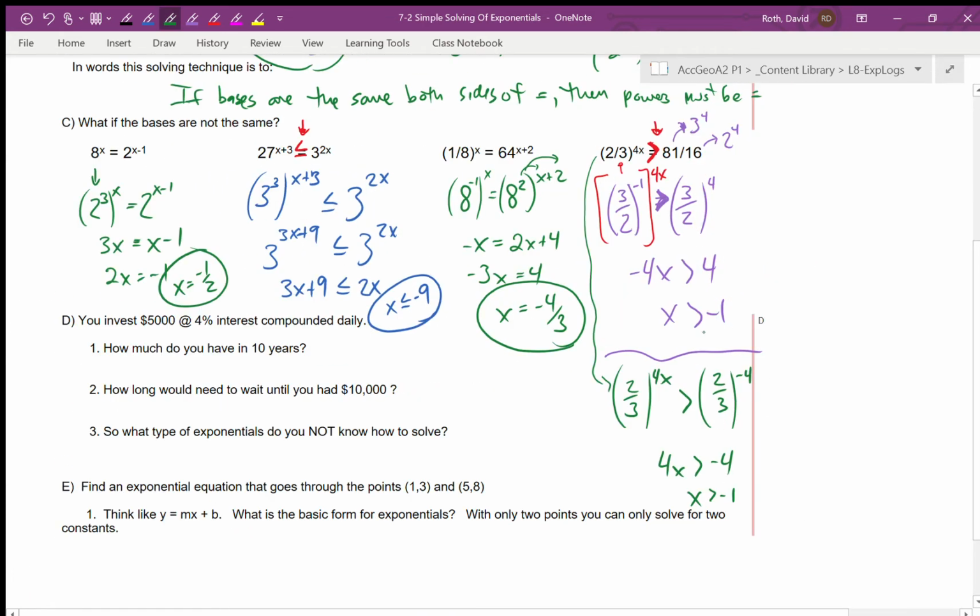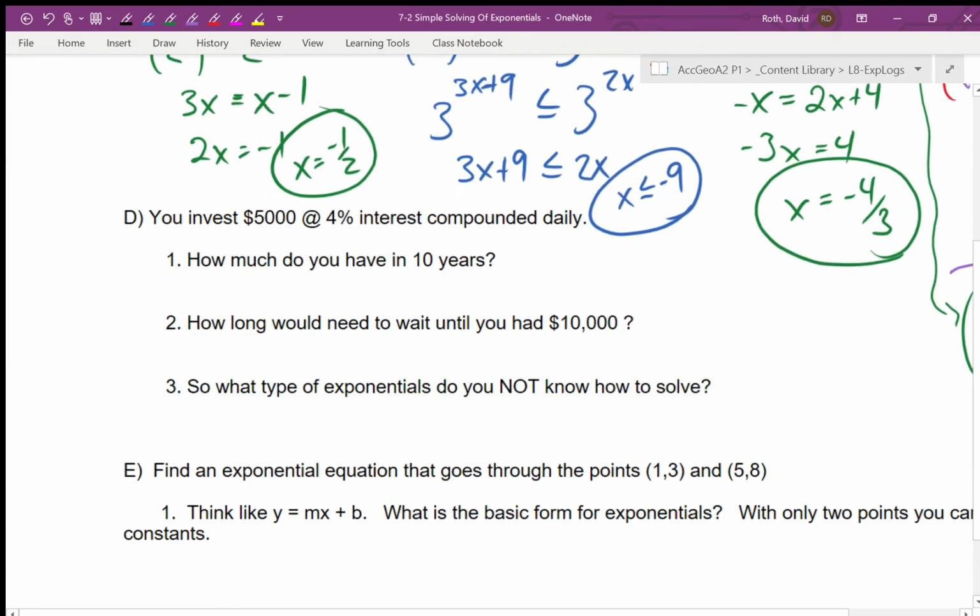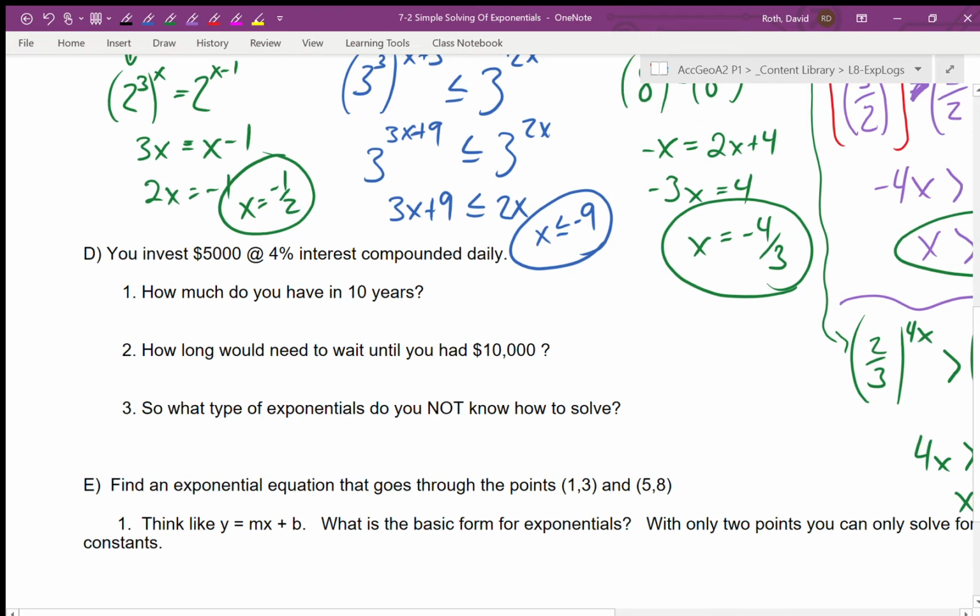Okay, let's circle one. I believe this next problem is simply reviewed from yesterday. So, how much do you have in 10 years? 5,000 at 4% interest compounded daily. Remember your formula, A equals P times 1 plus R over N to the NT. Remember the divide by N converts the annual rate into a monthly.